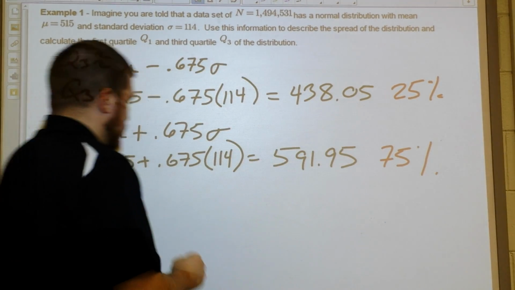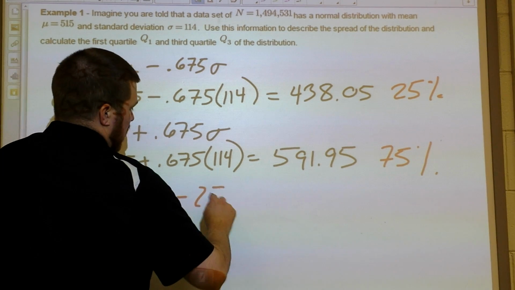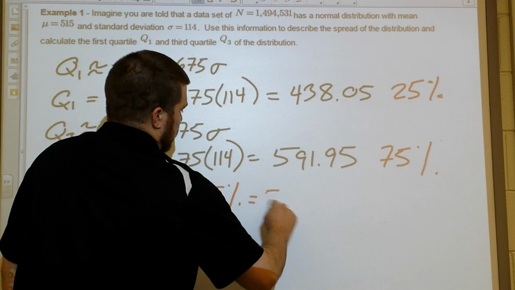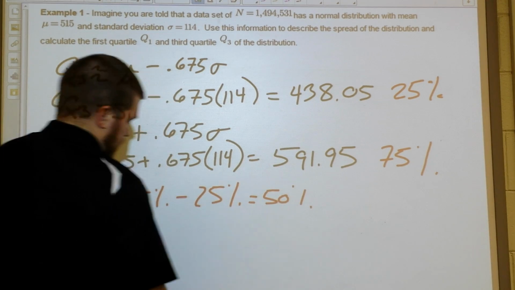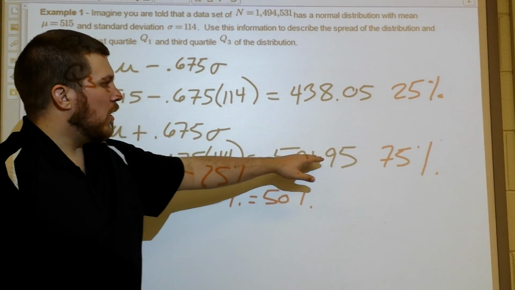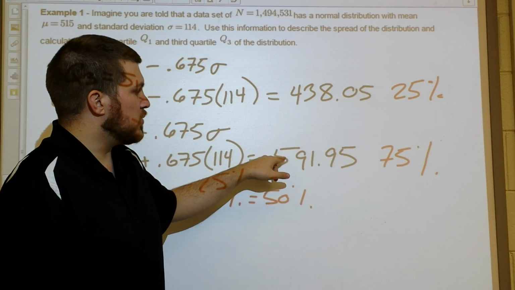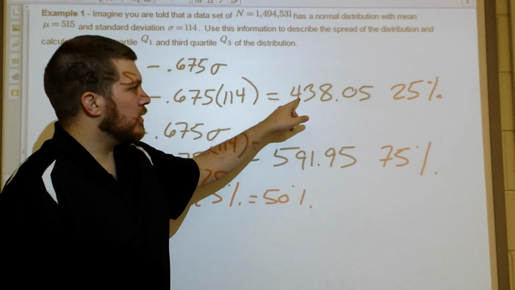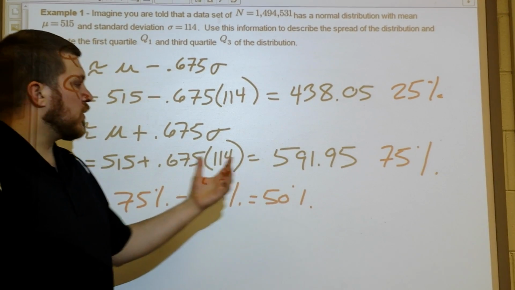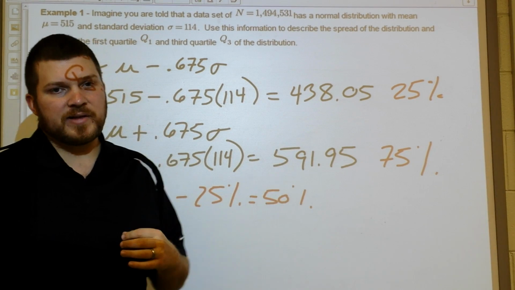The difference between 75% and 25% is 50%. So all the values in the data set that fall between 592 and 438, that's approximately 50% of all values in this data distribution.